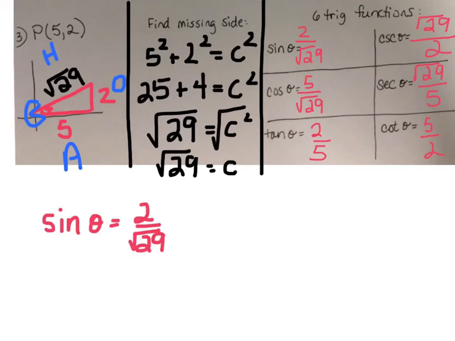So what kind of extra work does it need? Remember that we have to multiply it by something. Maybe that denominator, the square root 29 on top and bottom. So square root 29, top and bottom.